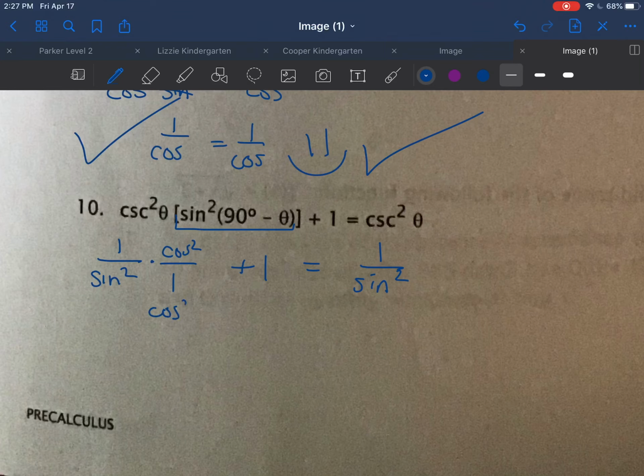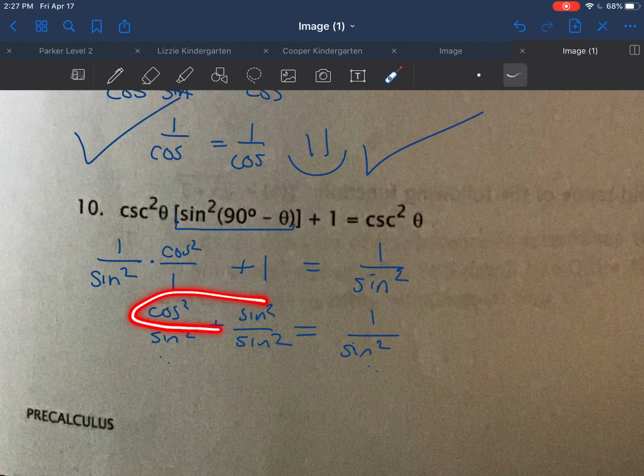Okay, so here we have cosine squared over sine squared plus 1 equals 1 over sine squared. Doing plus 1 is not helpful to us at all when we have sine squareds in both of our denominators. So we're going to be clever and change 1 to sine squared over sine squared.